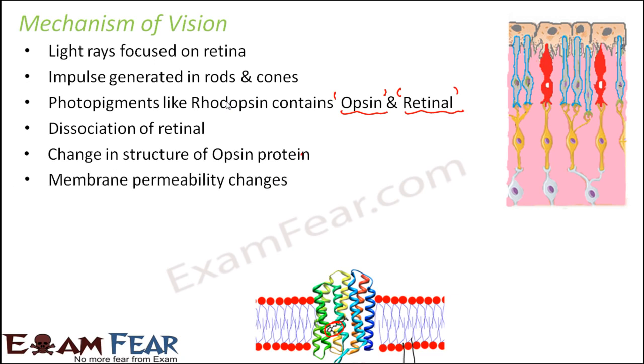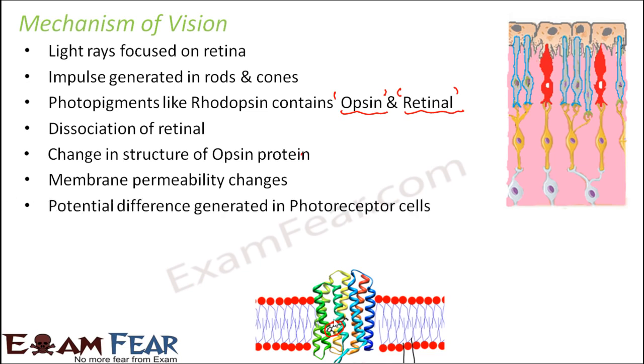This change in structure will result in changes in the membrane permeability, because these proteins are present on the membranes. As a result, a potential difference will be generated in the photoreceptor cells.